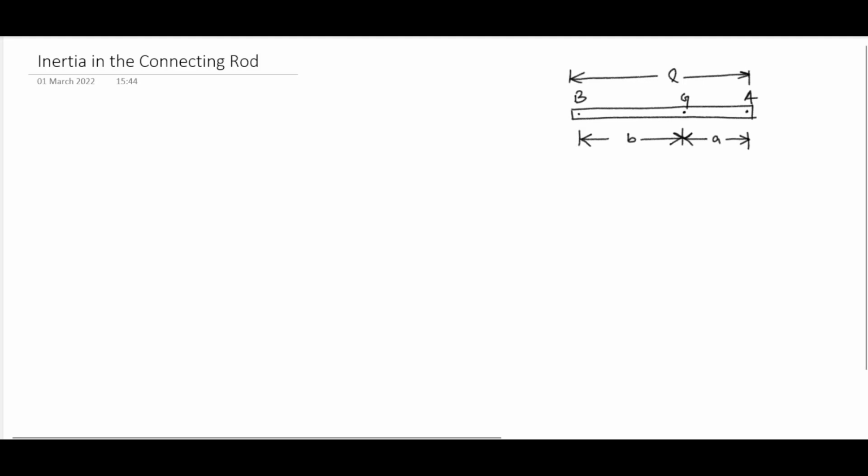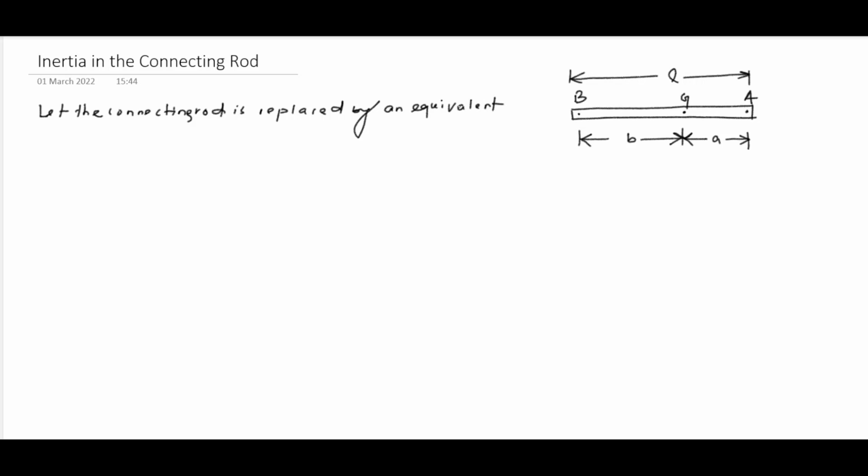Now let the connecting rod be replaced by an equivalent massless link AB with two point masses.